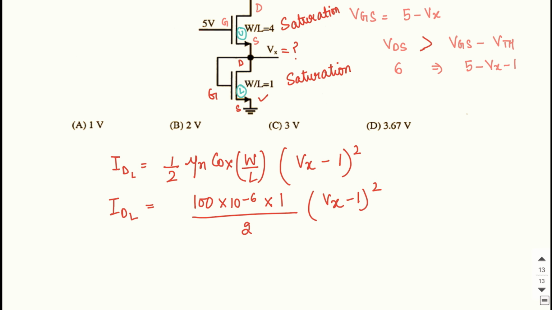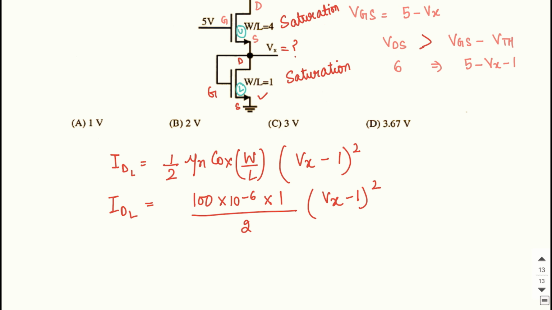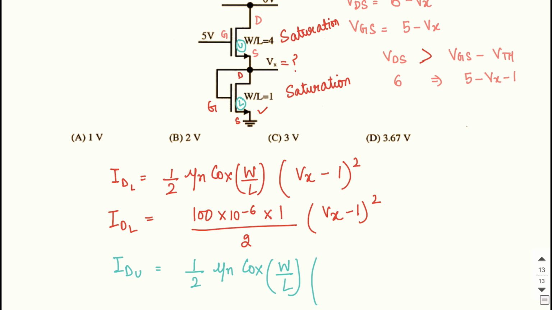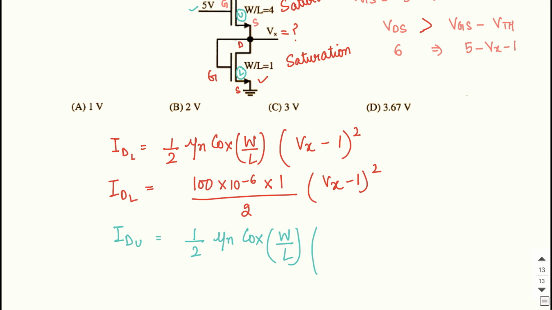And by knowing this, we can write down the drain current equation for the upper transistor: half mu n Cox W by L, and now VGS for this case is 5 minus Vx. So 5 minus Vx minus 1 whole square.